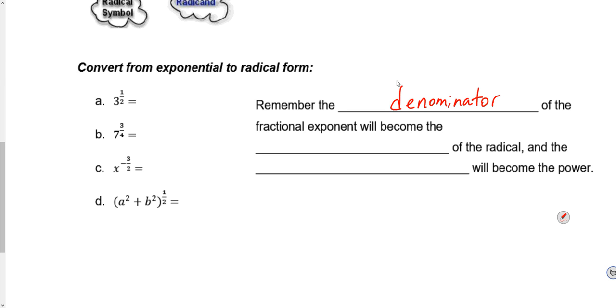That's what it is. It's the bottom of the fractional exponent. That's going to become the index. And then the numerator, or the top, that will become the power.